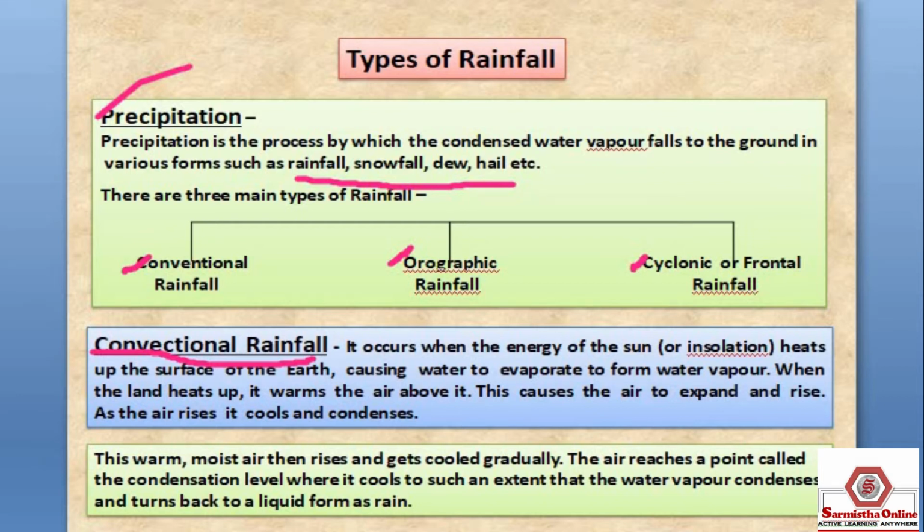As the air rises, it cools and condenses. The warm, moist air then rises and gets cooled gradually due to condensation. The air reaches a point called the condensation level, where it cools to such an extent that the water vapor condenses and turns back to a liquid form as rain.